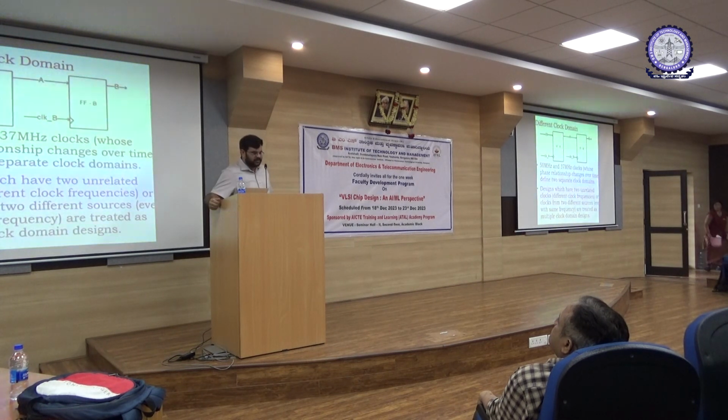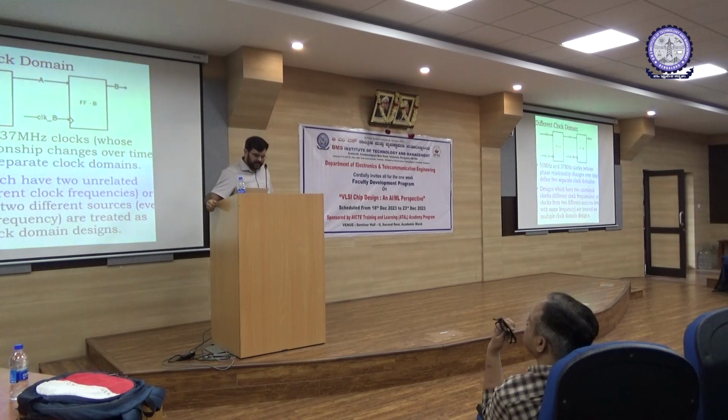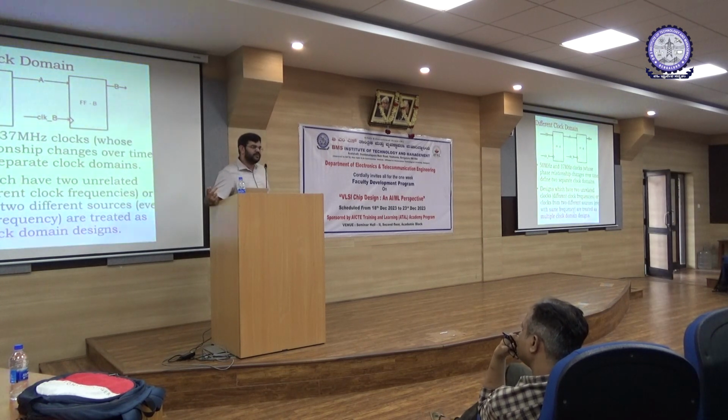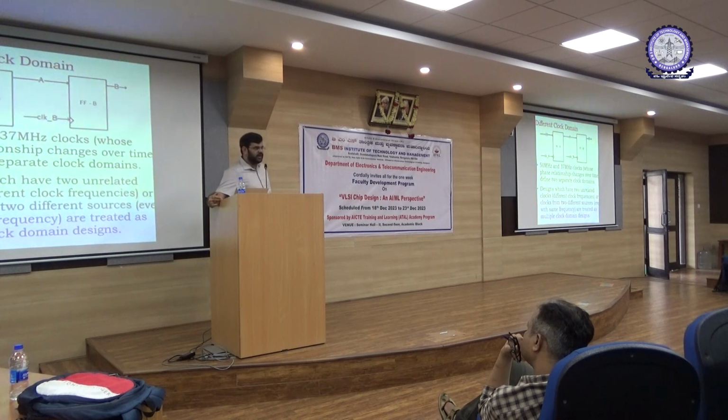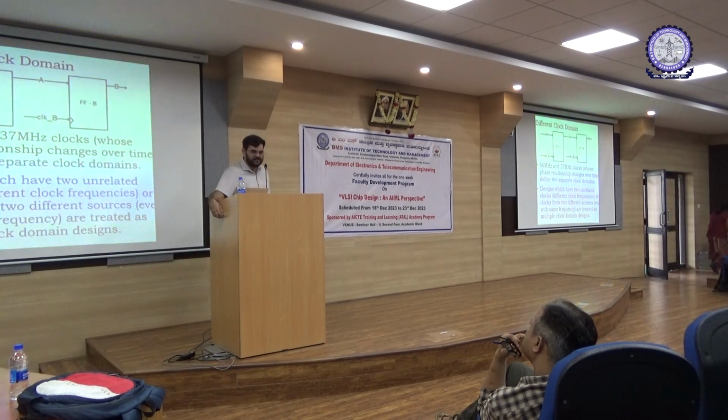Now, the clock domain crossing can happen in two ways. Let's say you have 3 clocks in your design, clock A, B and C. Clock A is 50 megahertz, clock B is also 50 megahertz, but clock C is 75 megahertz.